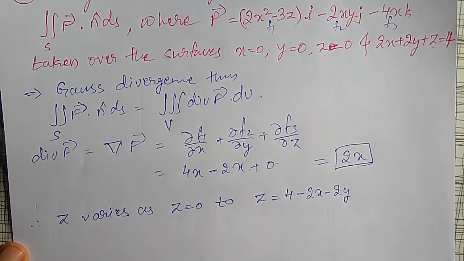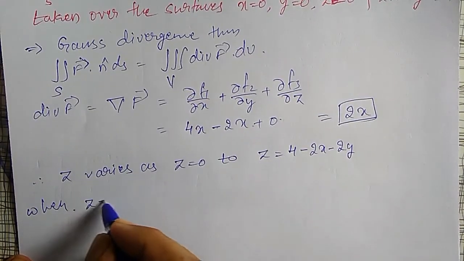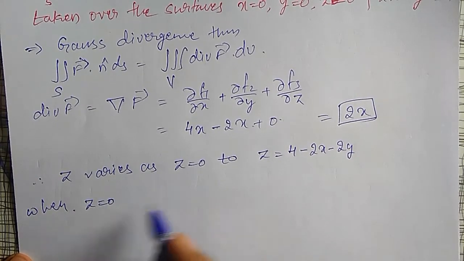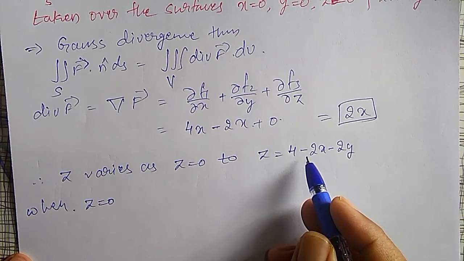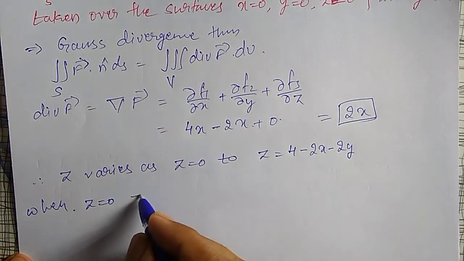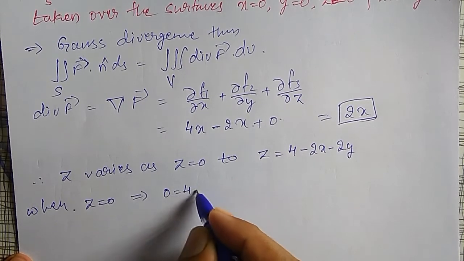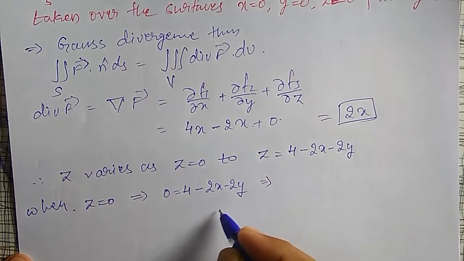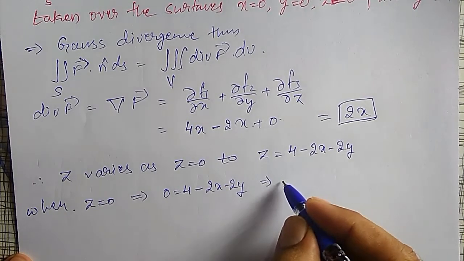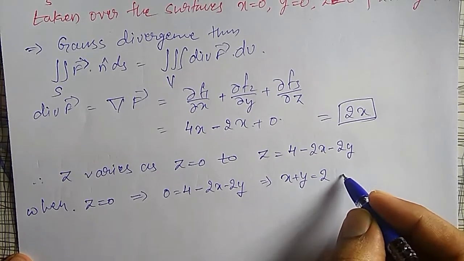This is first. When z is equal to 0 in this equation, 0 is equal to 4 minus 2x minus 2y, which implies, taking 2 common, x plus y is equal to 2.